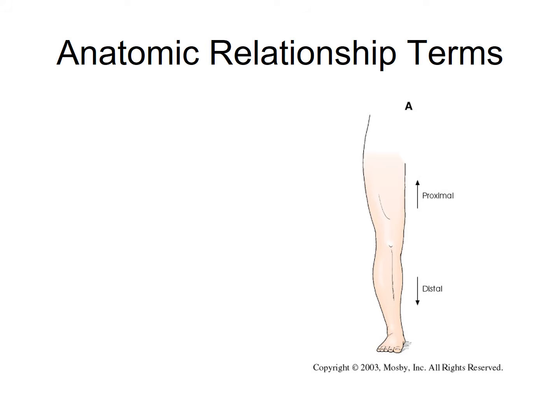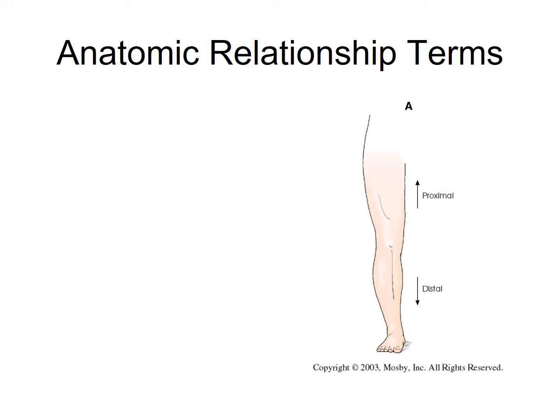Anatomic relationships. Okay. When we move toward the point of attachment, we say that this is proximal. When we move away from the point of attachment, this would be distal. So in this case, we've got the leg. So imagine where the leg is attached at the hip, right?